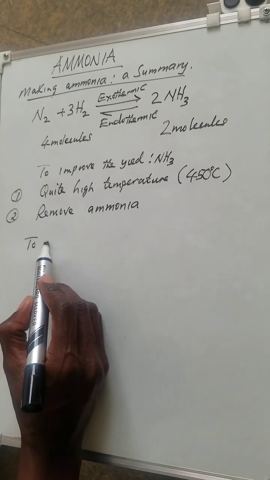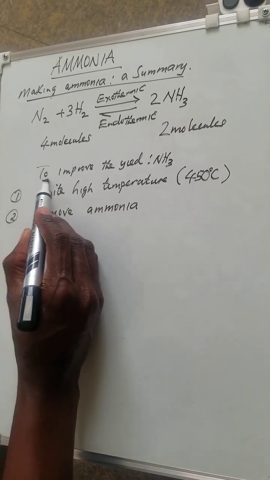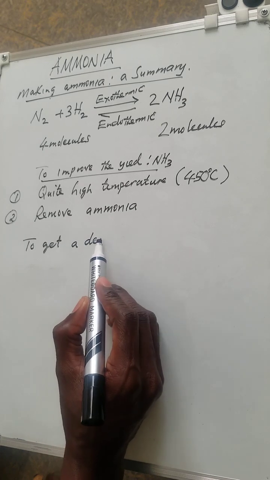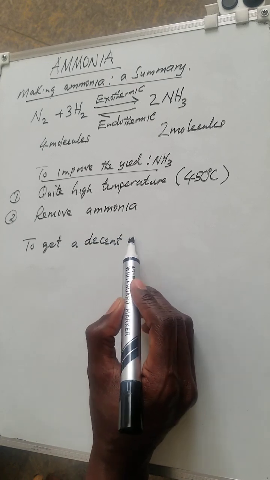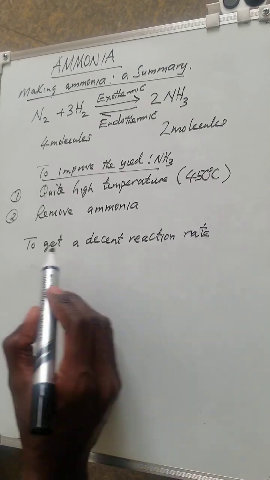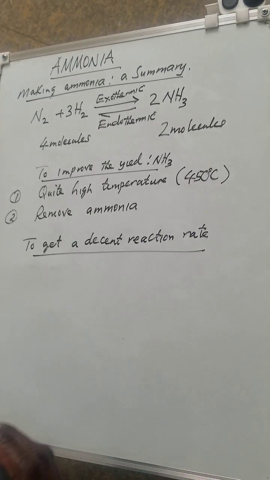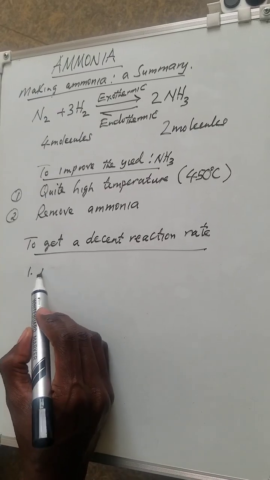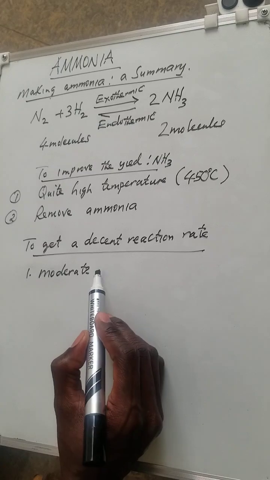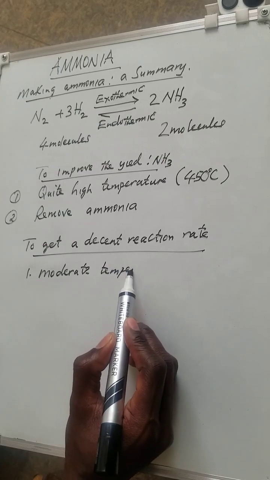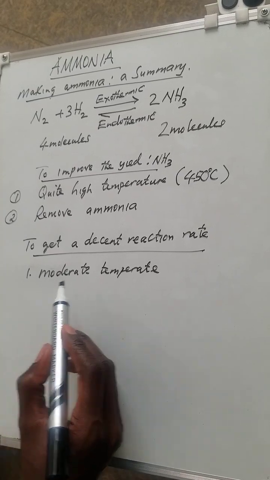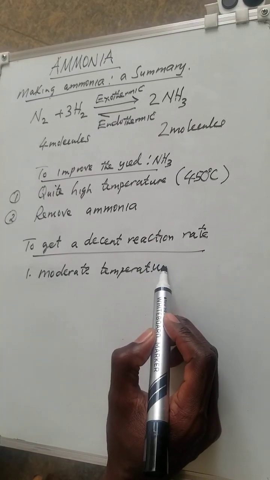In this case, the exothermic reaction will be favored. Another thing we can talk about is, suppose one wants to get a decent reaction rate. It simply means that one, you can use a moderate temperature. That can help.